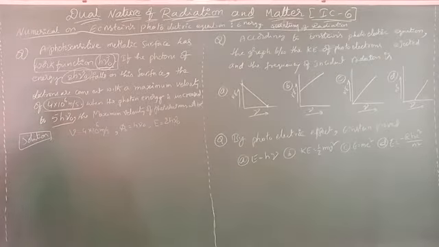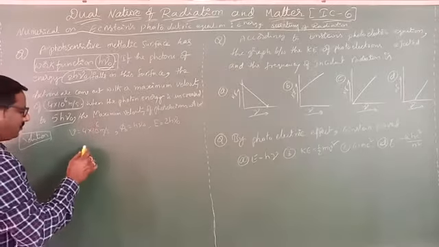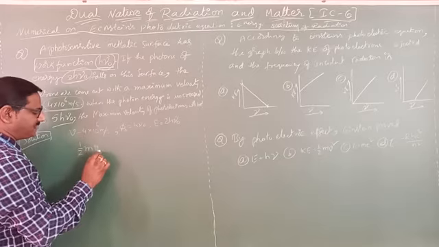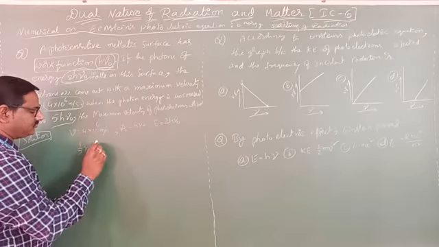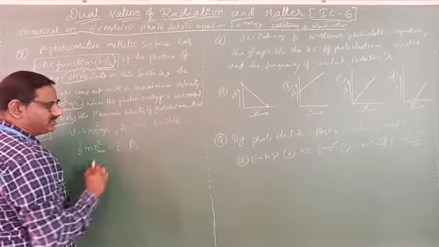According to Einstein's photoelectric equation, kinetic energy maximum, half m V maximum square, equals E minus phi naught, the work function.